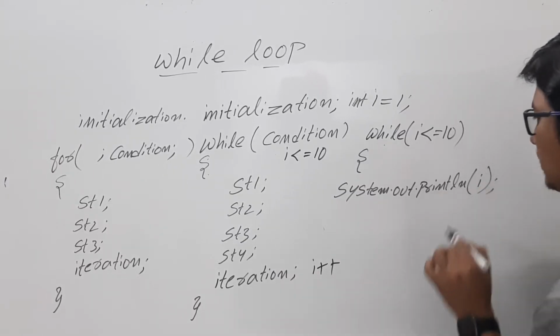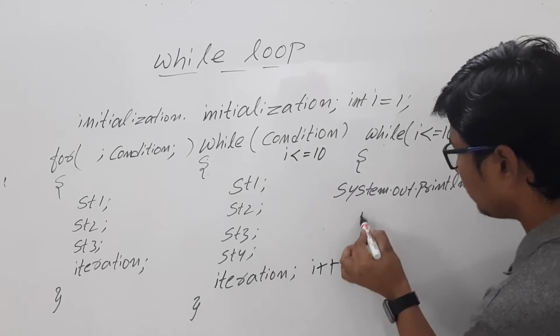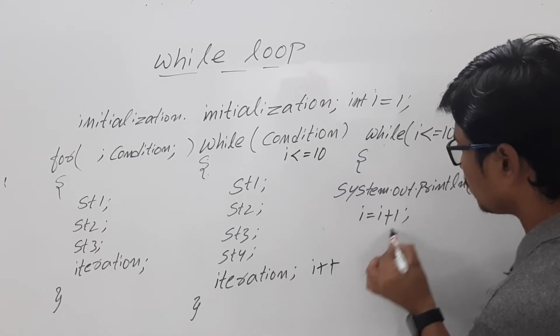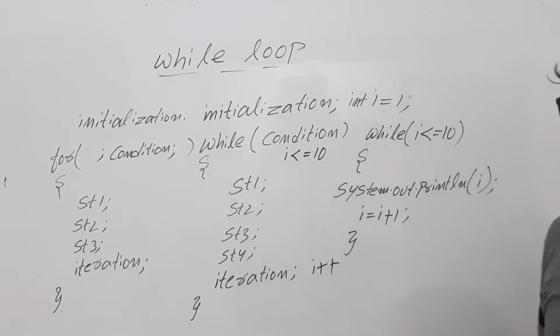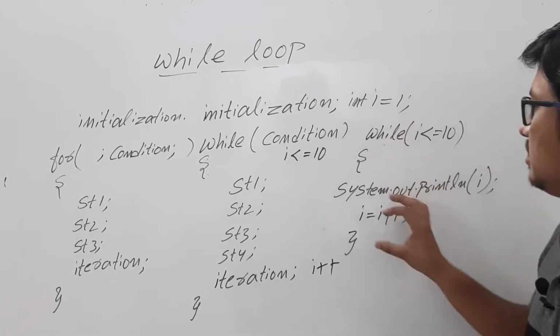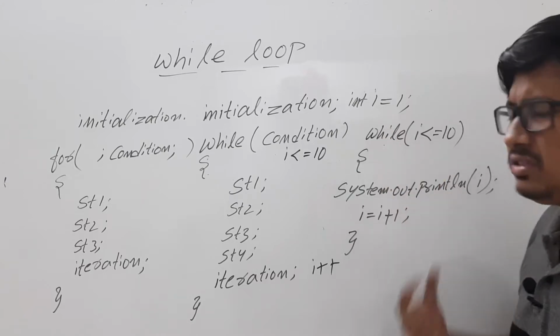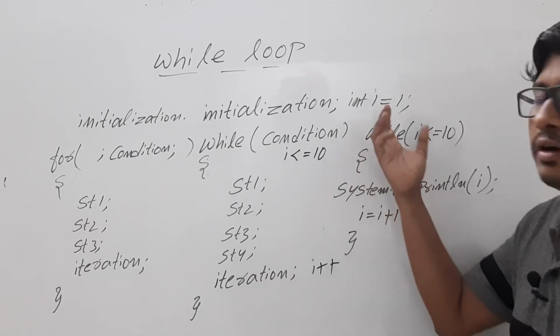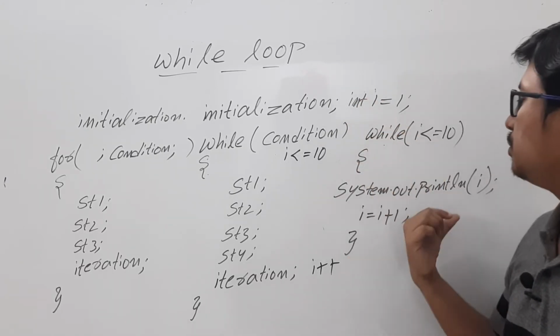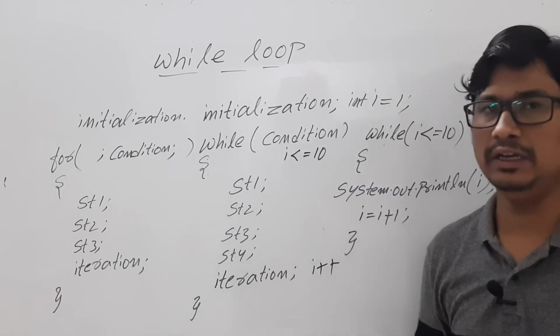And then here I will write i = i + 1 and end the while loop. So this is the simple program, or the logic, to print the numbers from 1 to 10 using the while loop.